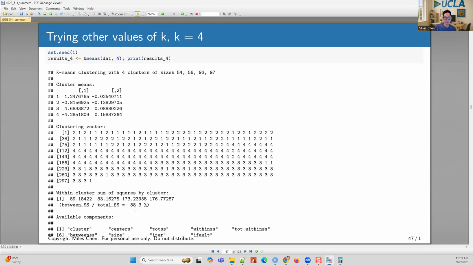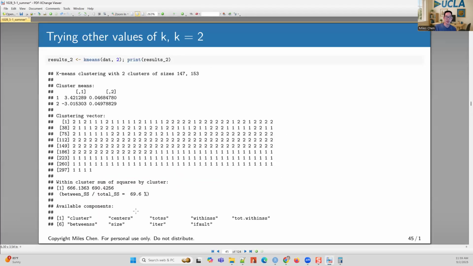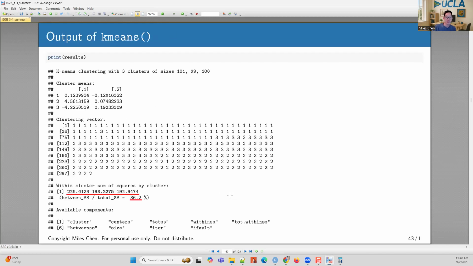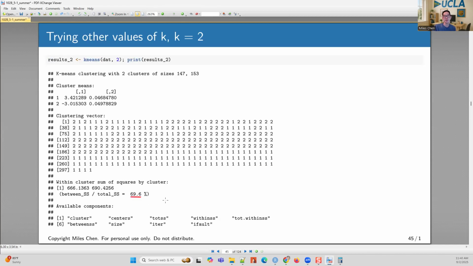With k equal to 2, our between sum of squares divided by total sum of squares is around 69.7. Comparing that to 86.2, think of it as an R squared value. We can see k equal to 2 doesn't explain as much variance.